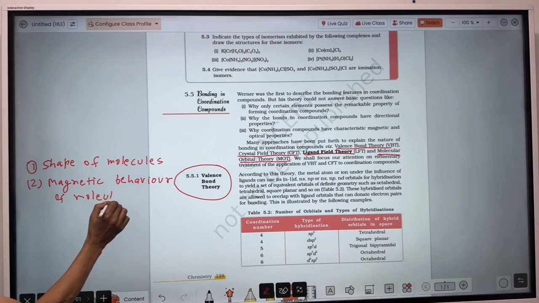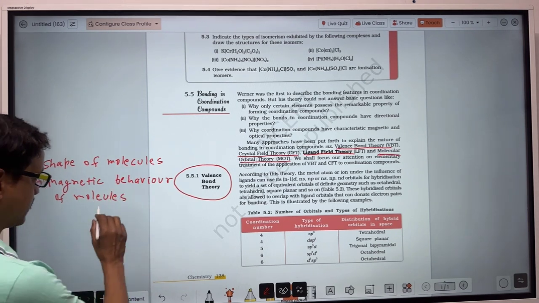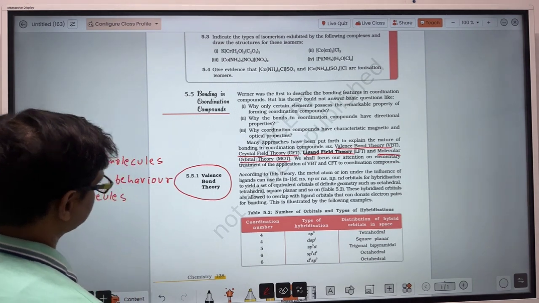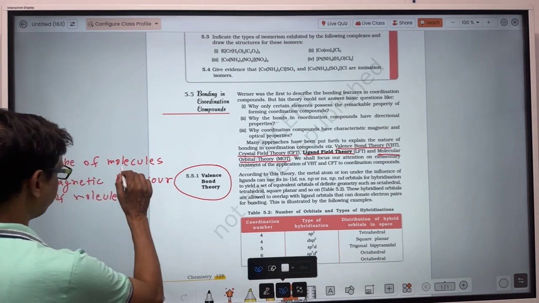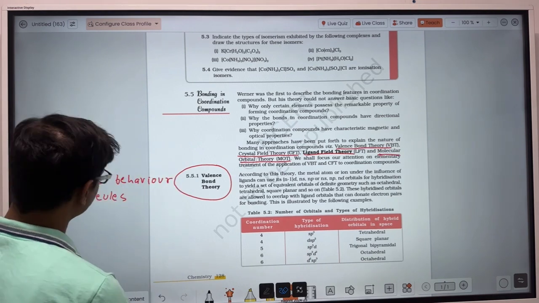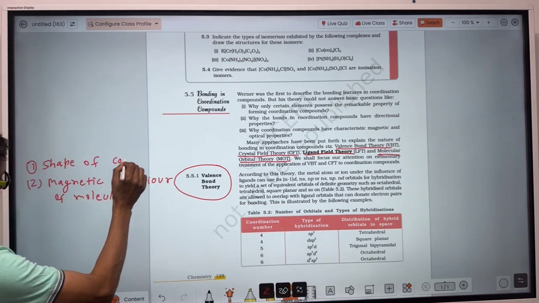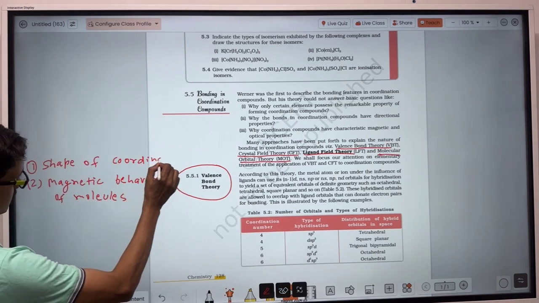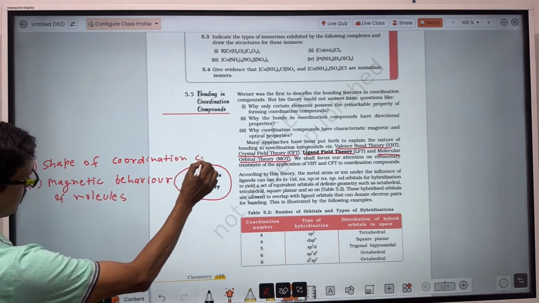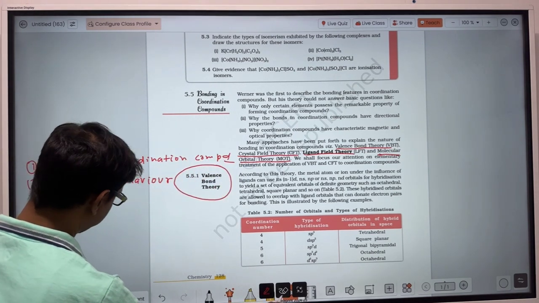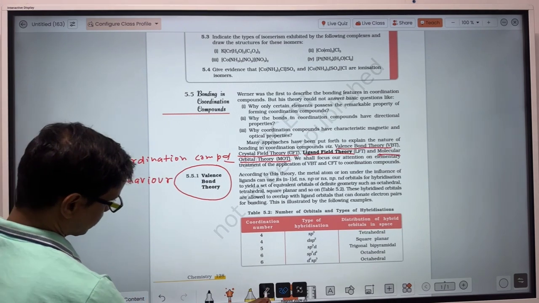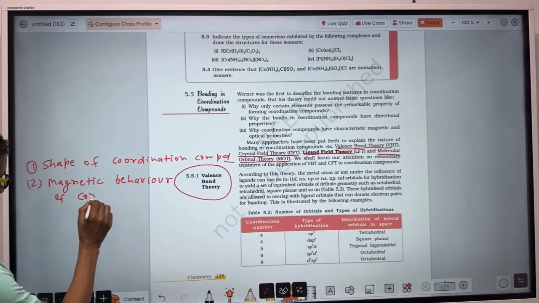Molecules means coordination compounds, the shape of the coordination compound and the magnetic behavior of the coordination compound. In place of molecule, it will be better to write the magnetic behavior of coordination compound.